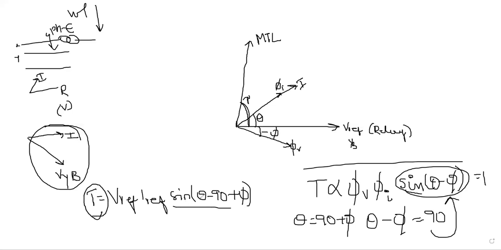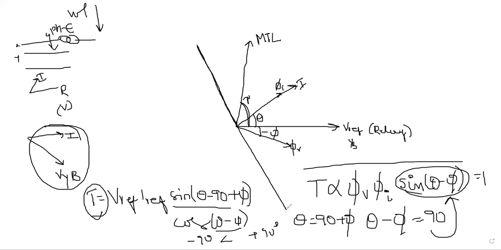This is nothing but cos of theta plus something, so it should be in the range minus 90 degrees to plus 90 degrees. If I do this, it will appear in this zone. That is the zero torque line, so the relay always operates in this zone only.